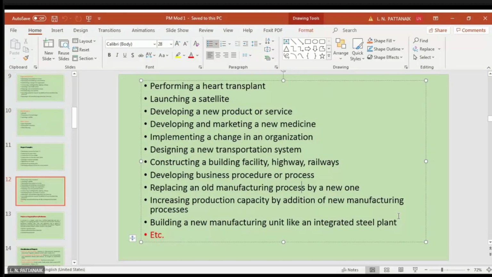Suppose a company is dealing with, let us say, consumer goods. Now it is trying to diversify into some other field, like let us say healthcare or consumer electronics. So that will begin with new projects, right? So any kind of project is an indication that growth is happening, be it any project.